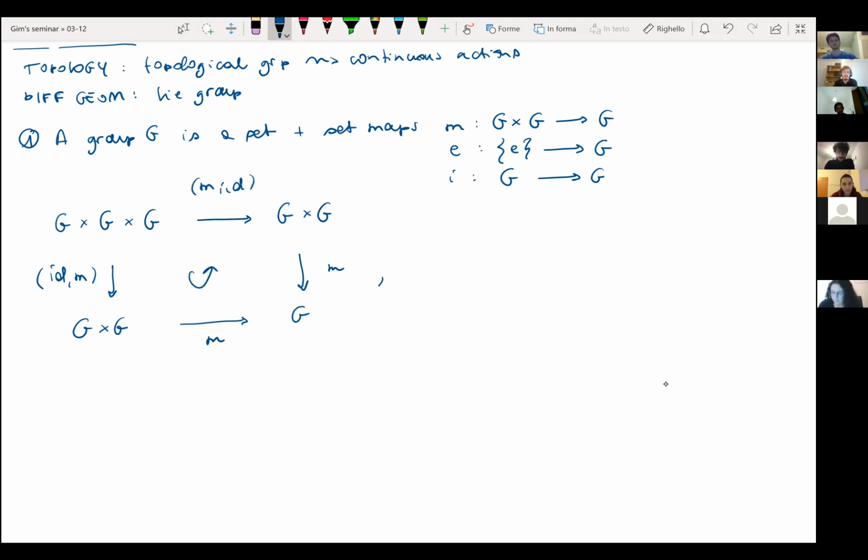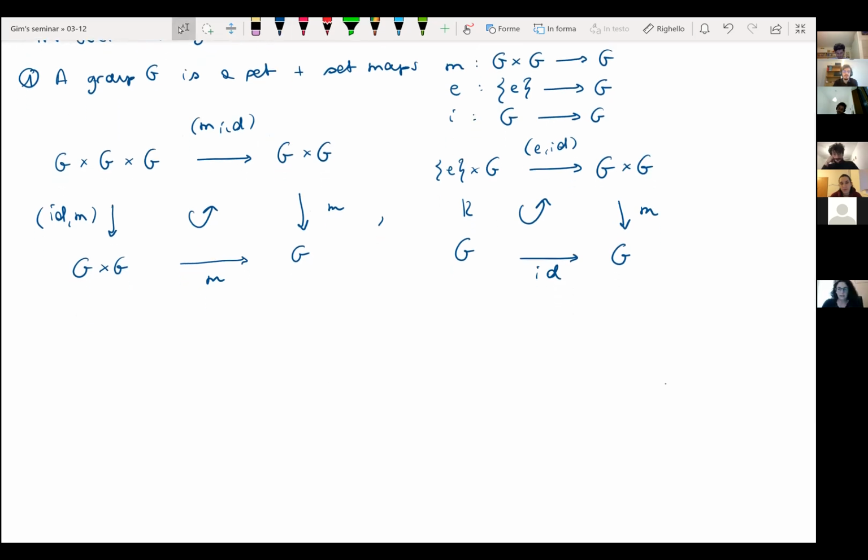Moreover, we want the identity element to be neutral with respect to the multiplication, and this is equivalent to asking that this diagram commutes. So if we multiply each element of our group with the identity element, we obtain the element itself. And finally, for the definition of an inverse element, we want that if we multiply an element by its inverse, we obtain the identity element.